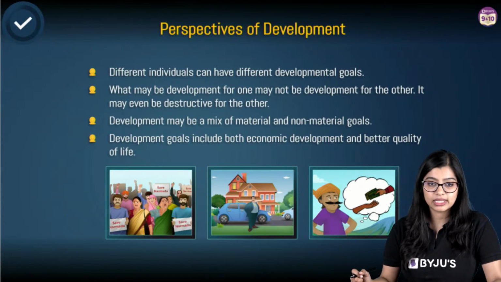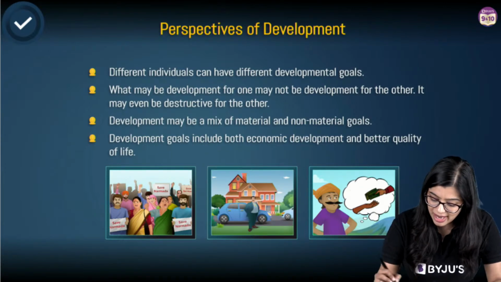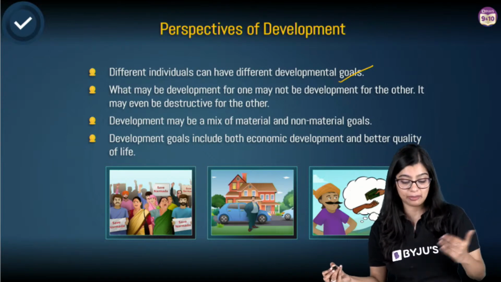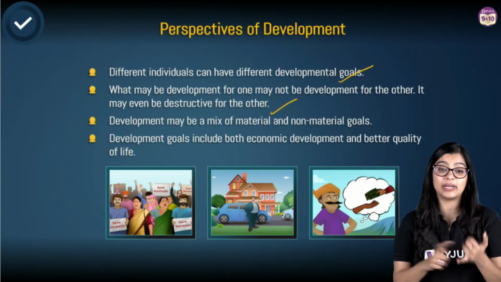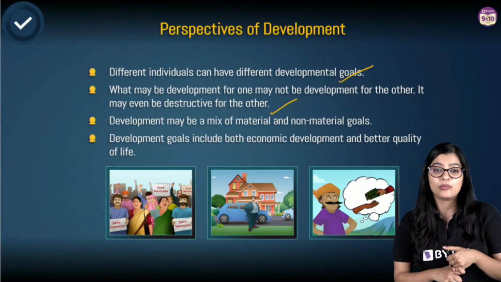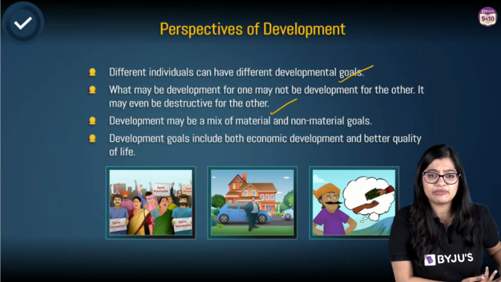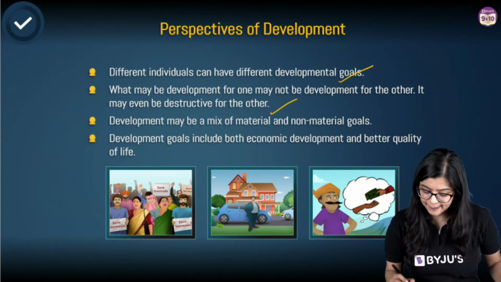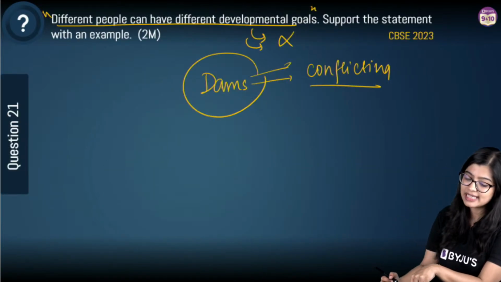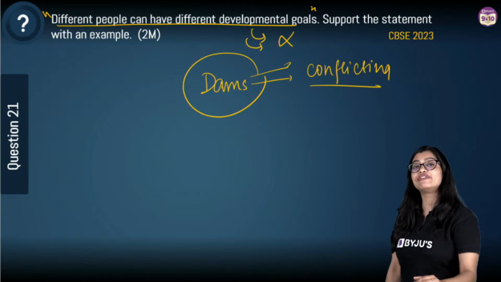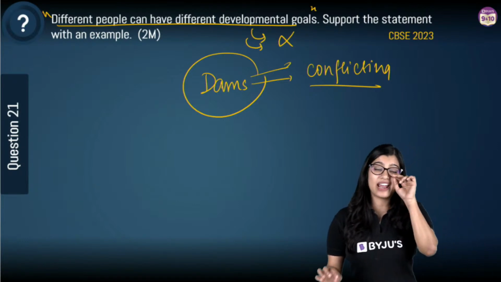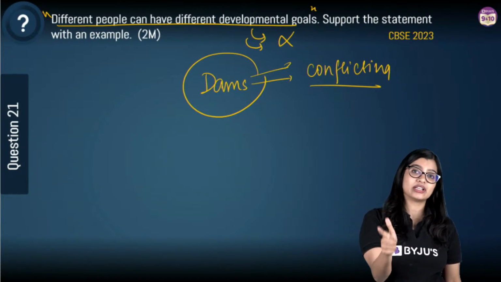It can come. So now as you can see, different people have different developmental goals. What might be a developmental goal for one person? We see that dams will support the development for one, but are not development for the other. The statement is asking that different people will have different developmental goals. So there are two ways of approaching the question.